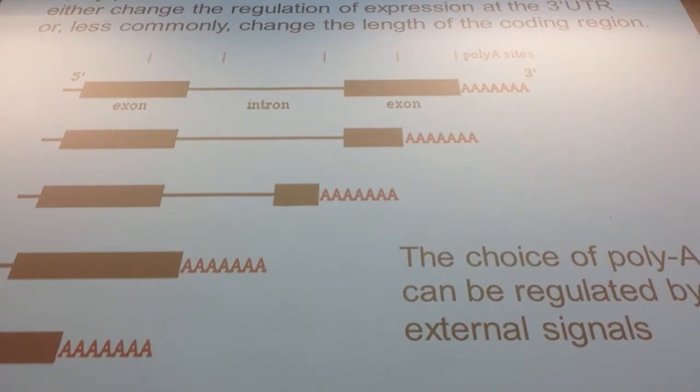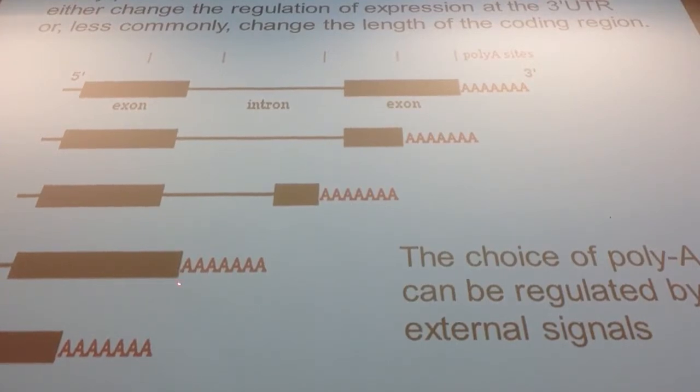The length of the mRNA. Right. If it uses this, then you get a shorter one. In fact, you don't have that whole exon, you're missing a part of that exon. If the cell uses that, then that whole exon is used, but you're missing all these exons.